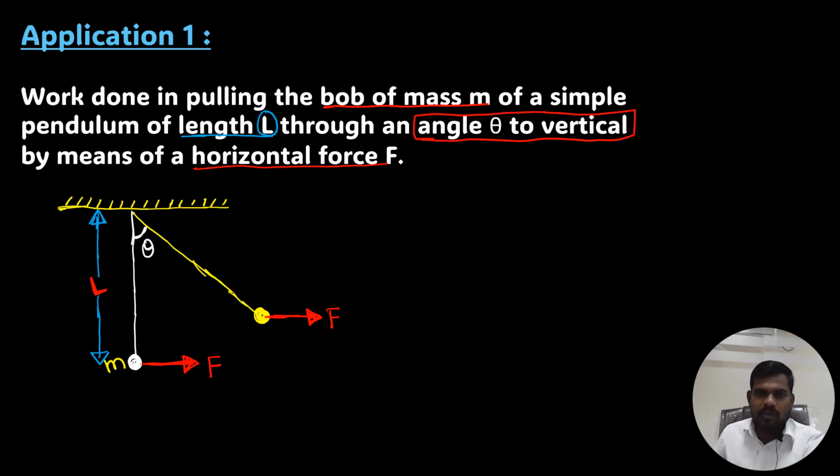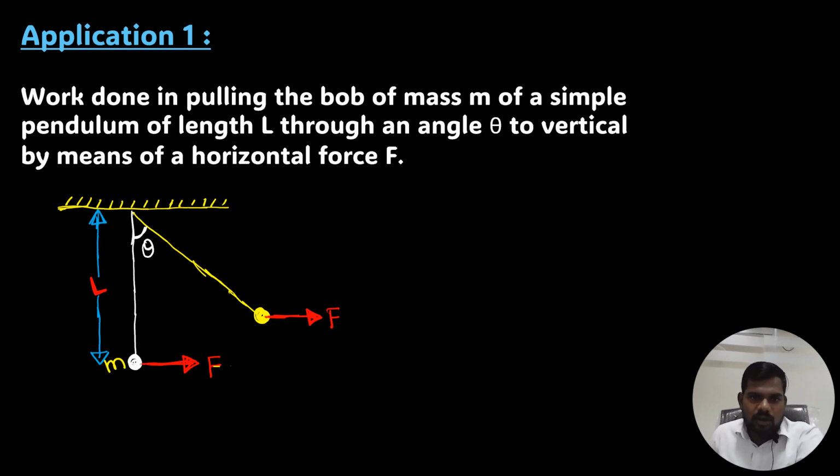Now we can see here, this is the theta. This is the actual position of the bob, but it has moved upward like this.